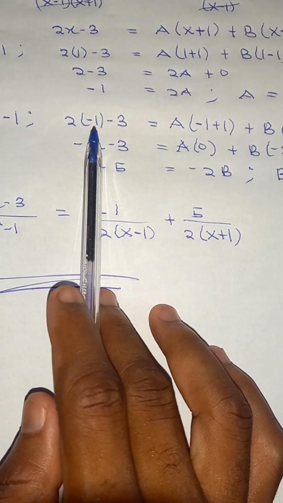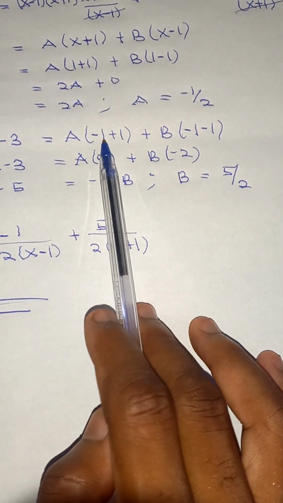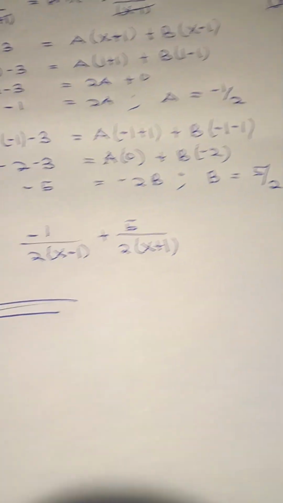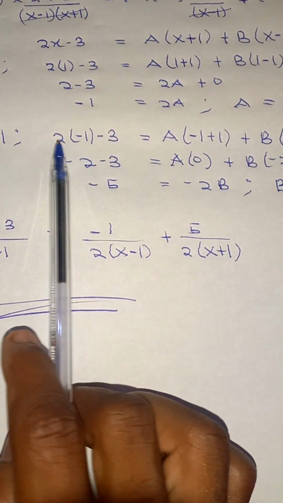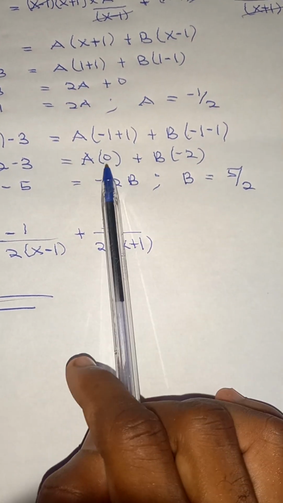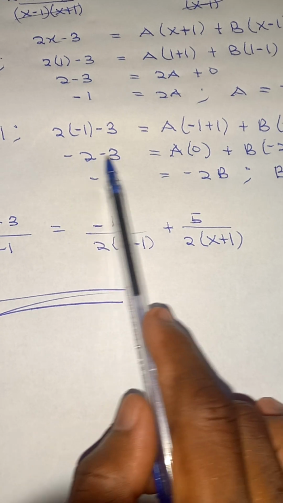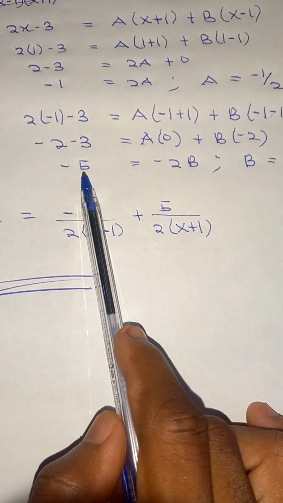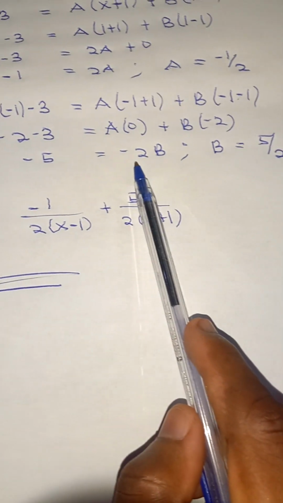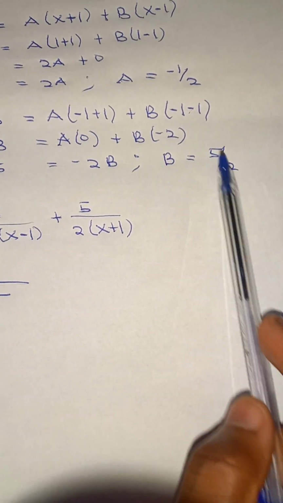So 2 times negative 1 minus 3 is equal to a times negative 1 plus 1, then plus b times negative 1 minus 1. Then at the left side, I'm going to get negative 2 minus 3. Then here, like I said before, negative 1 plus 1 gives me 0. Then negative 1 minus 1 is negative 2. This one, negative 2 minus 3 gives me negative 5. Then this will be 0. Negative 2 times b will give me negative 2b. Dividing both sides by negative 2, my b will be 5 over 2.